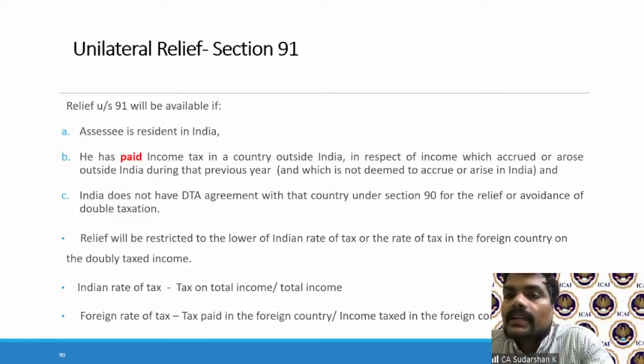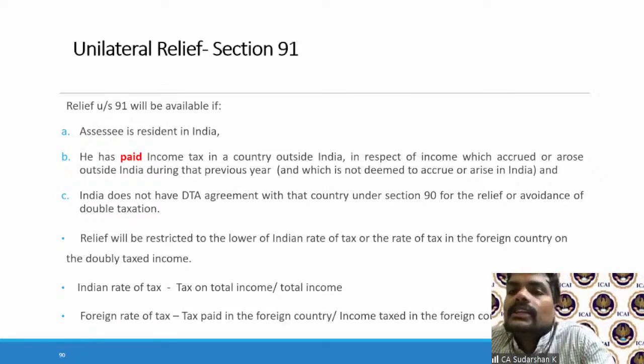Second, he has paid income tax in a country outside India in respect of income which accrued or arose outside India. Essentially, that income should not have accrued or arisen in India, which is the case here, because the performance happened in Bahrain. And they have also deducted tax, so tax of 2 lakhs has been paid to the Bahrain government.